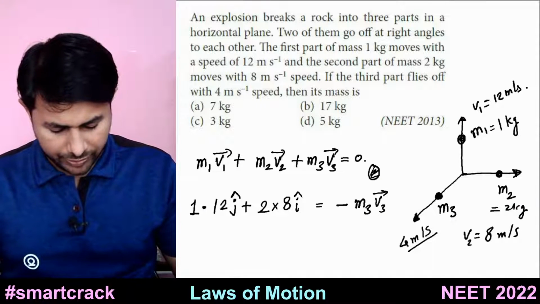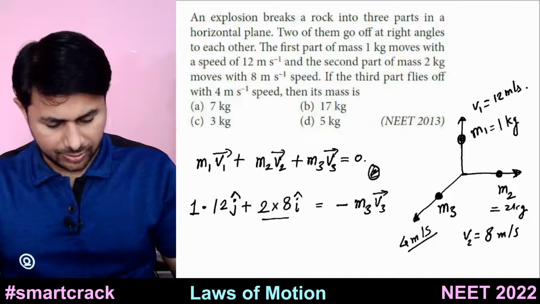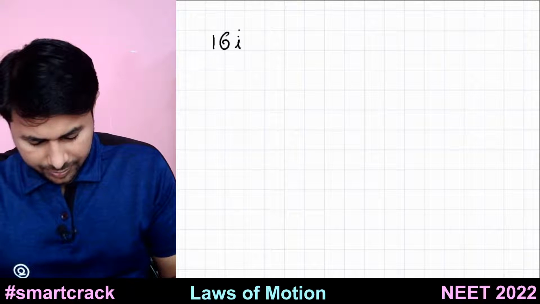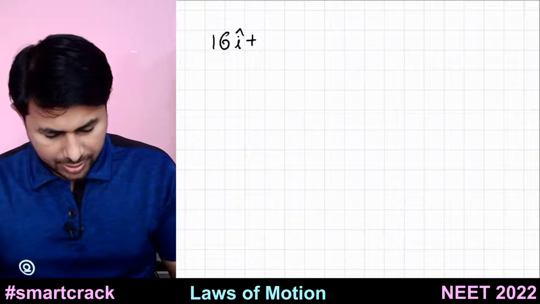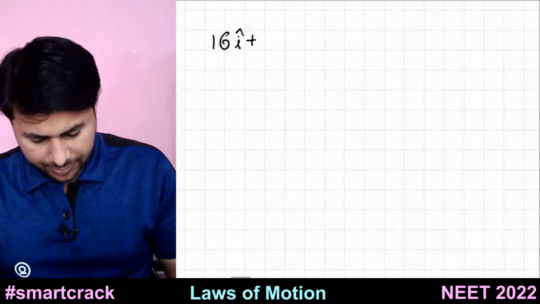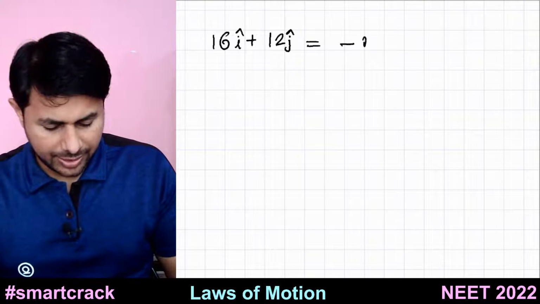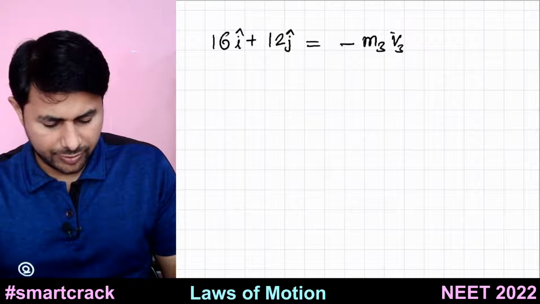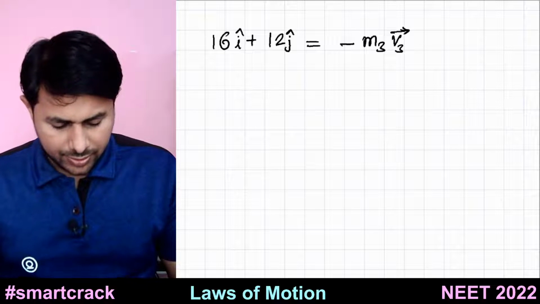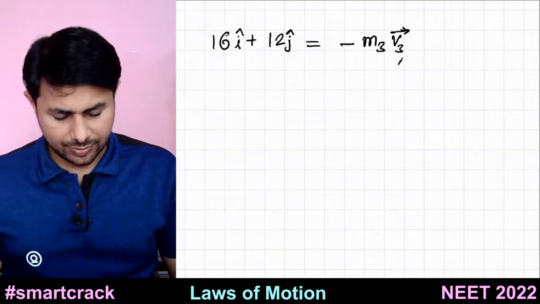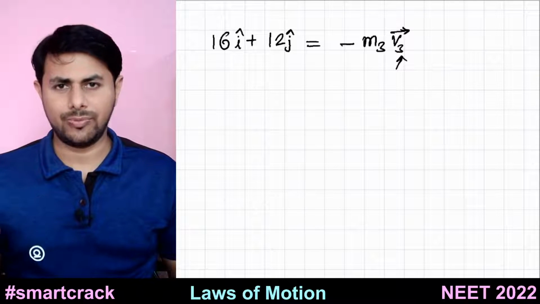So we have 12 j cap plus 8 times 2, which is 16 i cap, so 16 i cap plus 12 j cap should be equal to minus m3 into v3. So how much is the magnitude of v3? It is 4 meters per second.